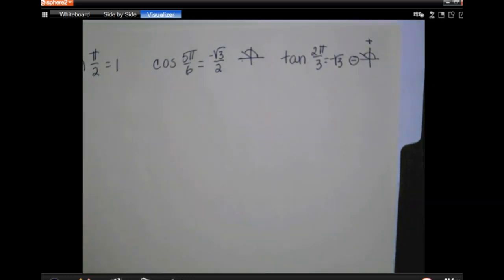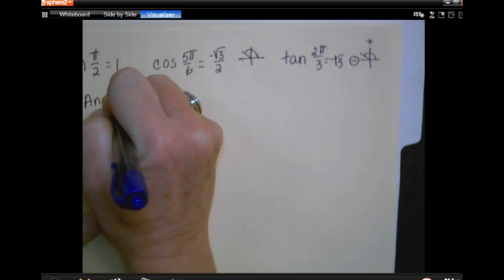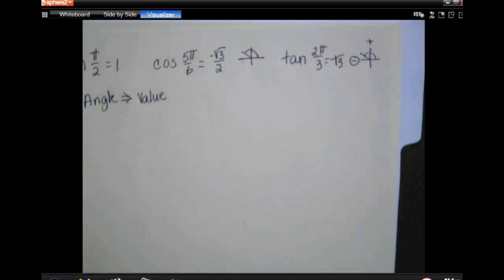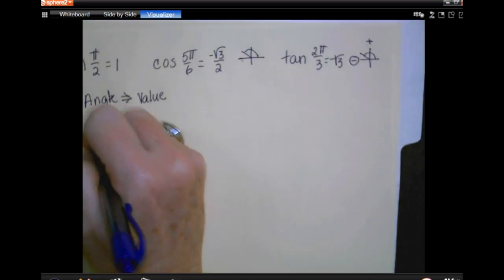So this is how we've been doing this all along. I gave you an angle, you gave me a value. I gave you an angle, you gave me a value. The way the inverse works is I'm going to give you a value and you have to give me the angle.